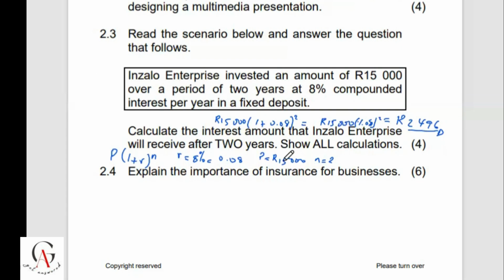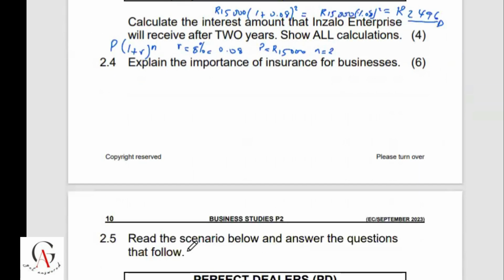Okay, right. So now let's move on to 2.4. Explain the importance of insurance for our businesses. We are going to check how important insurance can be towards a different set of entities. Businesses will be compensated for insurance losses, such as the destruction of property through fire, and it also transfers the risk from the business to an insurance company or insurer, and the transfer of risk is subject to the terms and conditions of the insurance contract.